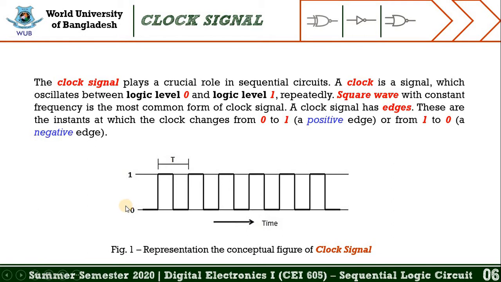When we go from 0 to 1, in that case we have a positive edge. If we go from 1 to 0, in that case we have a negative edge. And here you may find the letter T, which represents the time period. So let's move on to the next slide.